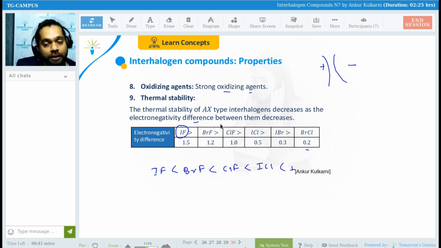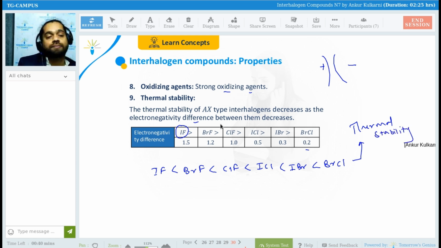It is the opposite order of your electronegativity difference. Write it down and say done in the chat box.